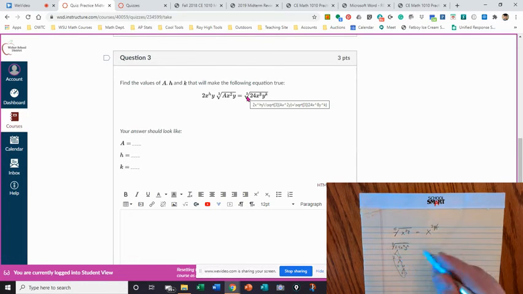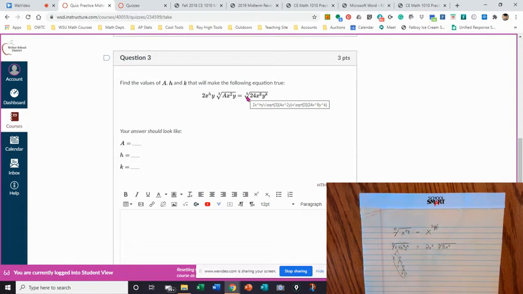So I'm going to be able to pull a 2 out, and left underneath will be a 3, right? And this 8, 3 goes into 8 twice. So I'm going to pull out 2 x's, and there will be 2 left in between, right? 3 goes into 8 twice with a remainder of 2.